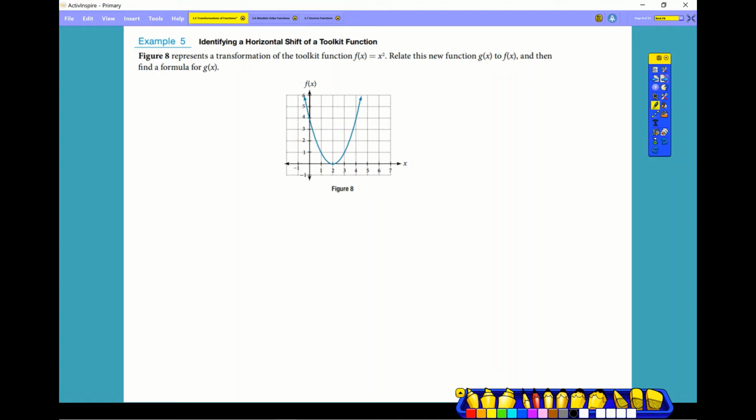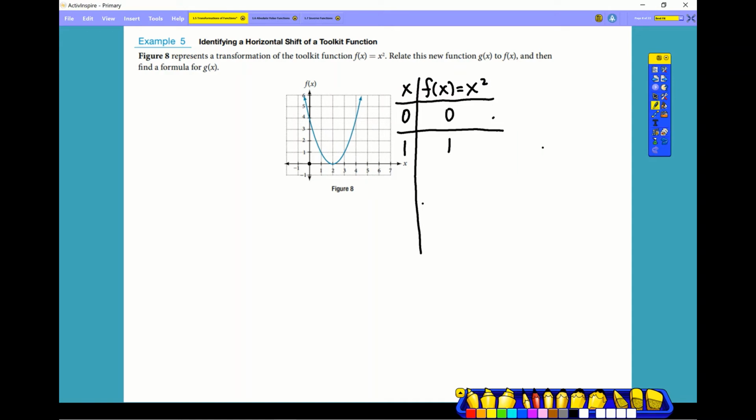So if you go back to the original toolkit functions, you will see our original f of x equals x squared, and we have our x's. Sorry for it being so close to the graph, didn't intend that. So at 0, it's going to be 0.